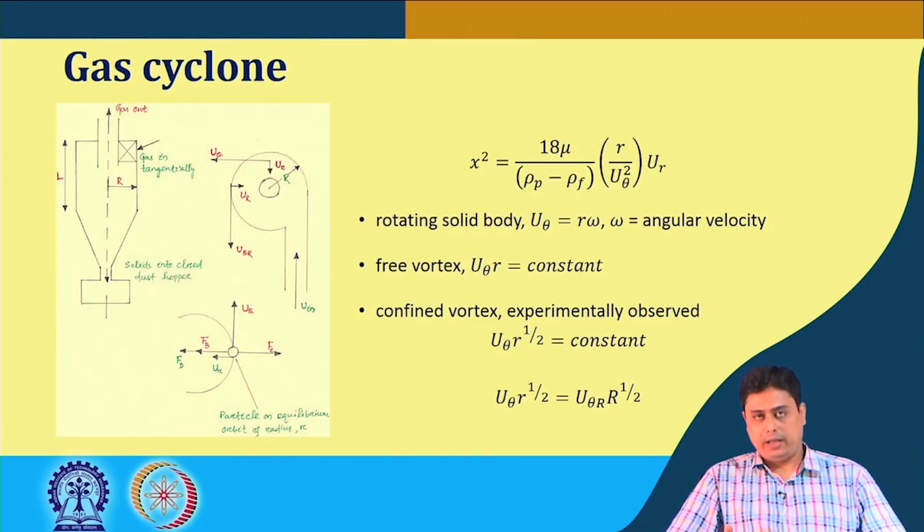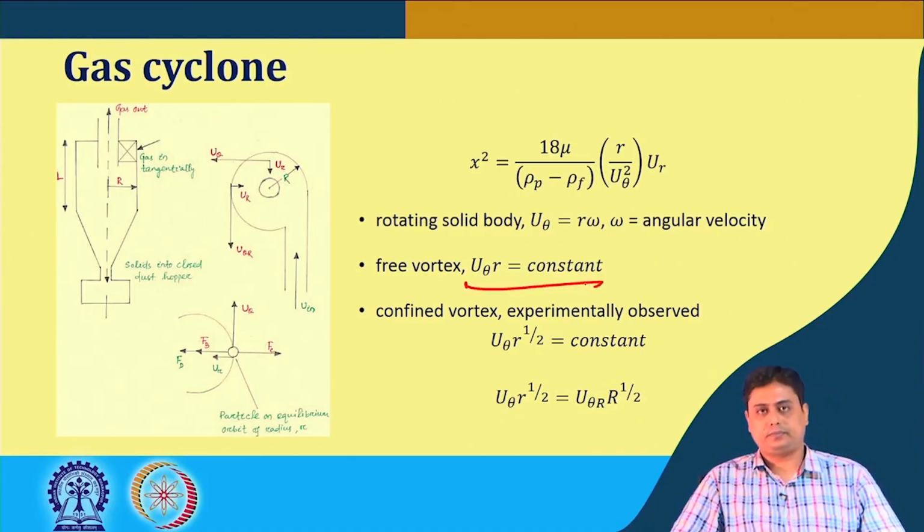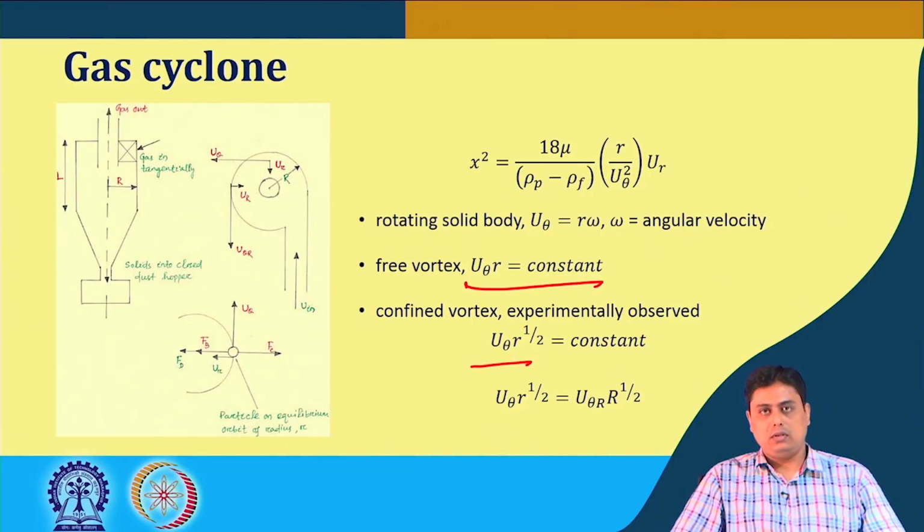And for free vortex, u theta r is constant. And when this vortex is confined, it has been observed experimentally that u theta r to the power 0.5 is constant.